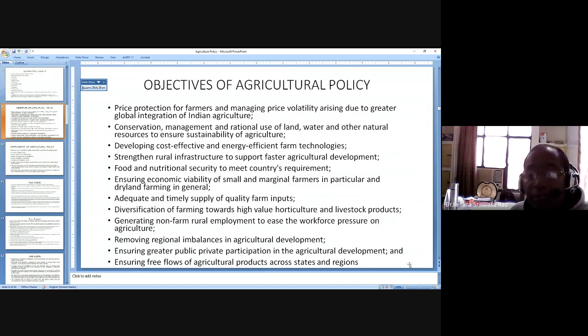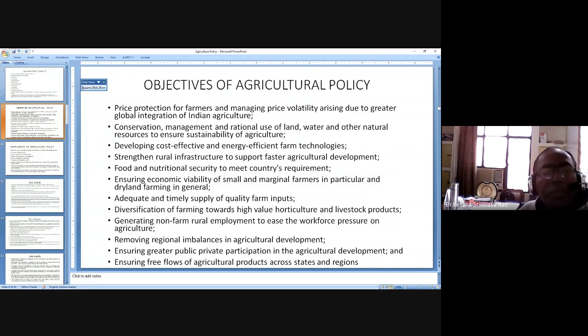Then cost effectiveness, so they may not cost too much. Strengthen rural infrastructure to support faster agriculture development. That is also one of the major objectives. Then food and nutritional security to meet the country's requirement, and ensuring economic viability of small and marginal farmers in particular, and dryland farming in general.